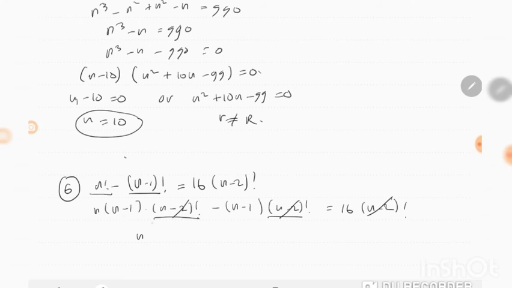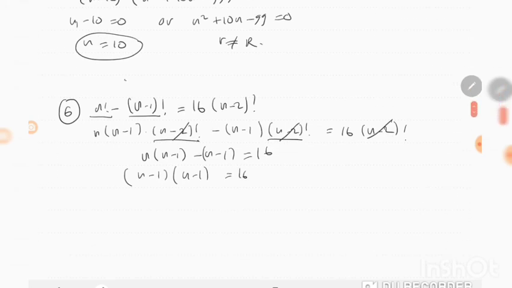So you have n times n minus 1 minus n minus 1 equals 16. Then you can write n minus 1 times n minus 1 equals 16. Then n minus 1 squared gives n squared minus 2n plus 1 equals 16. Then you have n squared minus 2n minus 15 equals 0.